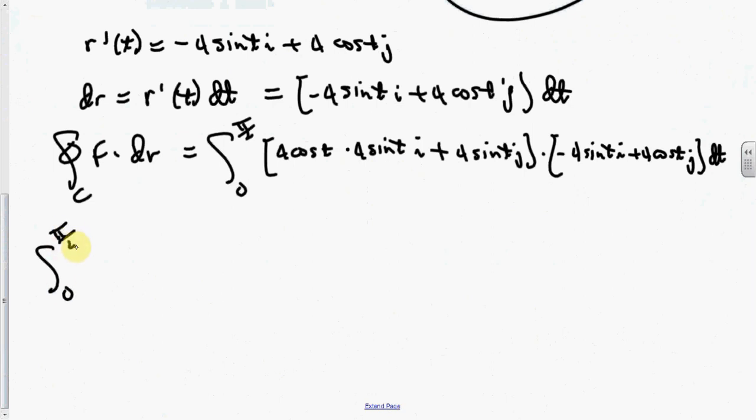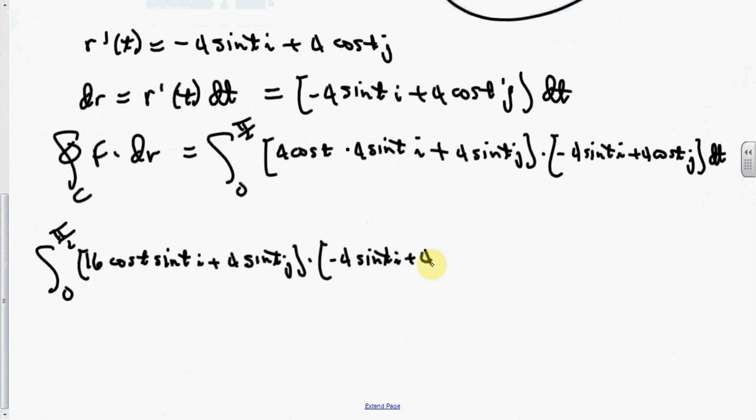Let's simplify this. This is 16 cosine t sine t i plus 4 sine t j dot product with negative 4 sine t i plus 4 cosine t j, dt.